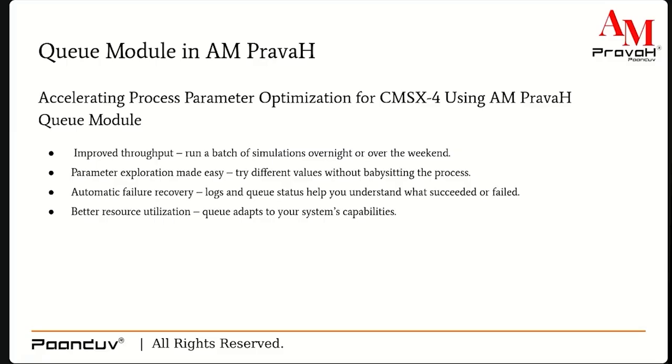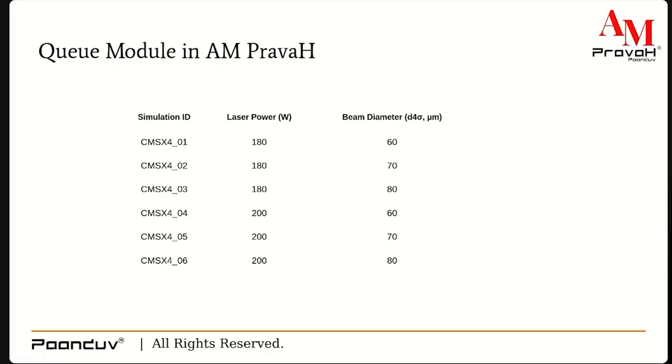If you are also planning to explore this in your system, you can use this Q module in PravaH to get the best out of it. To start with, I have prepared a very small case. We'll see how we can arrange a queue in PravaH for all these parameter spaces.